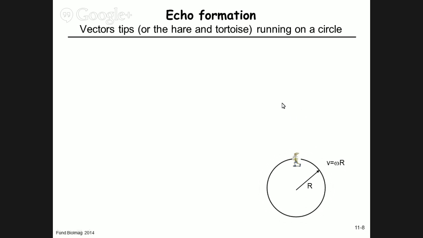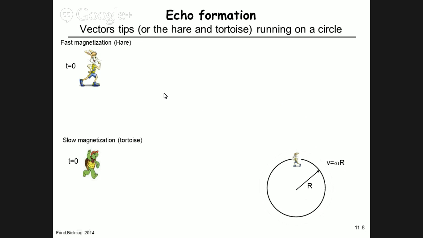So we'll start out at time 0, they're in phase. Here's the fast magnetization, that's the hare, and the tortoise is the slow magnetization, and they just represent the tip of the magnetization running on this circle. So at time 0, they're both at the same position.